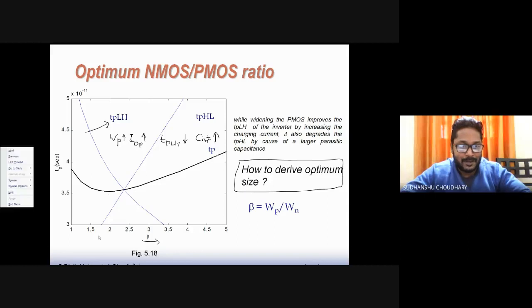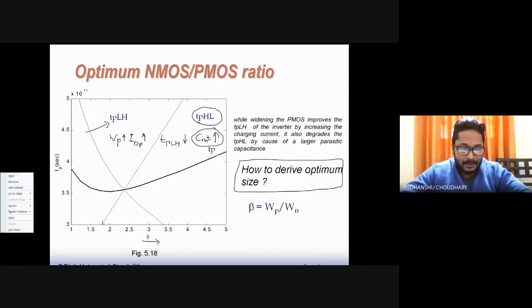So beyond this point, TPHL starts going up, because the total load capacitance also goes up. So the TPHL increases with the increase in the size of PMOS. The total delay also starts increasing beyond this point, right?